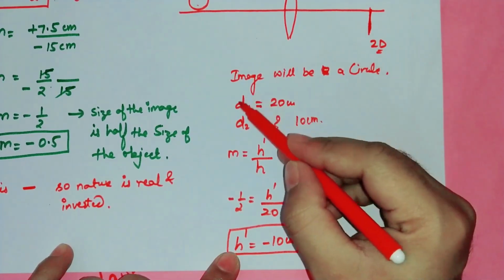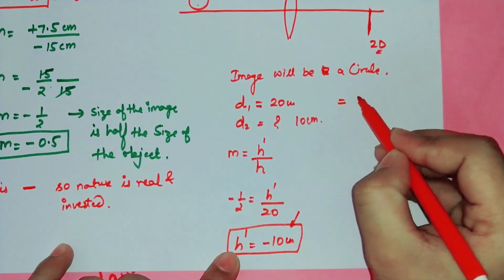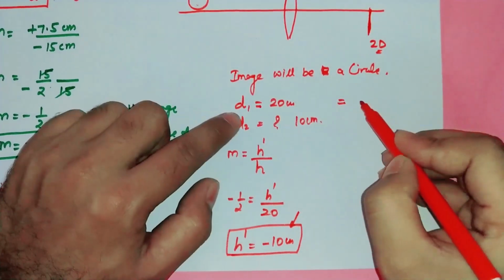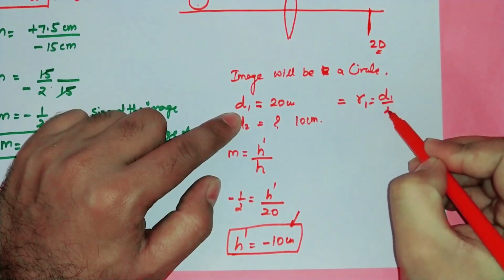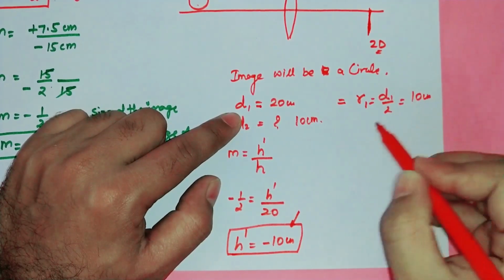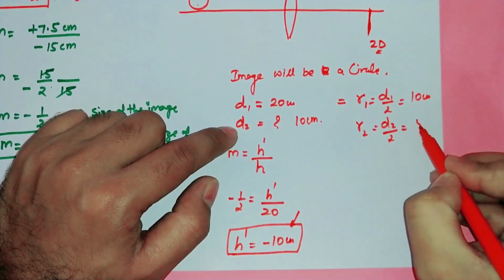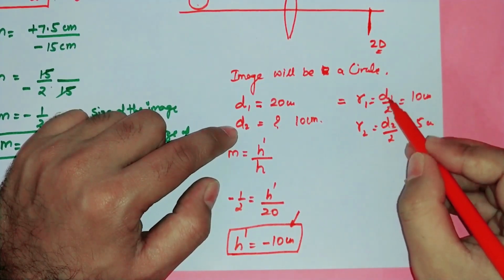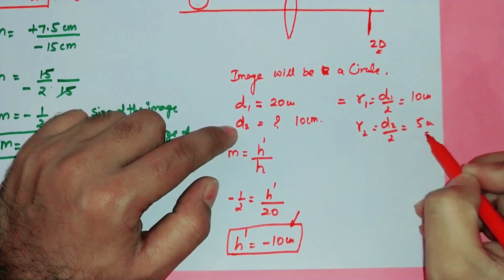Now we know d1 and we know d2. So half of d1 will be the radius, r1 is equal to d1 by 2, so this will be 10 centimeter. r2 is equal to d2 by 2, so this is 5 centimeter. Now d1 is 20, 20 by 2 is equal to 10, and d2 is 10, 10 by 2 is equal to 5 centimeter.